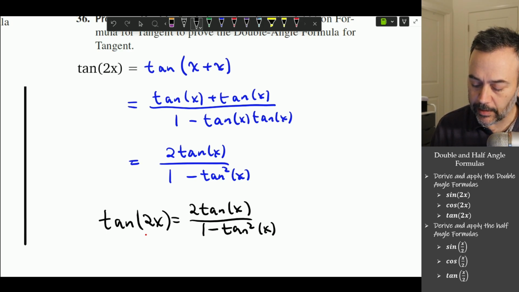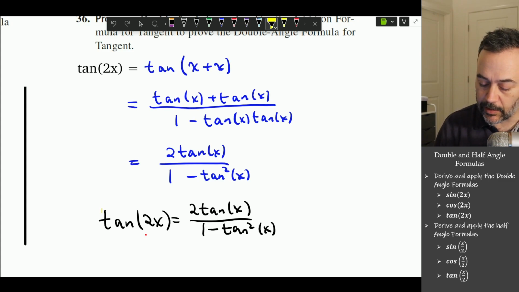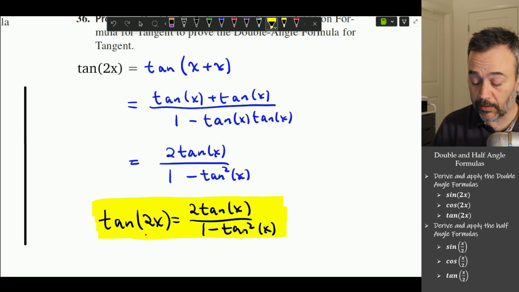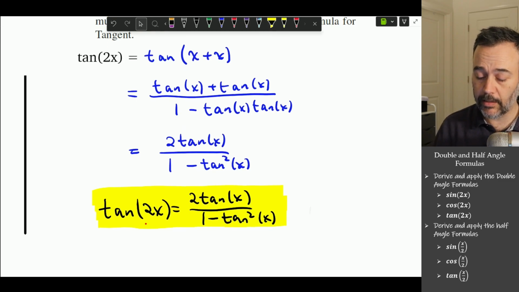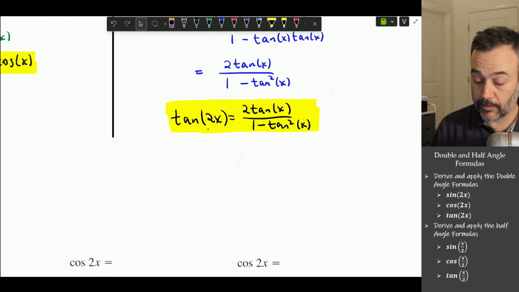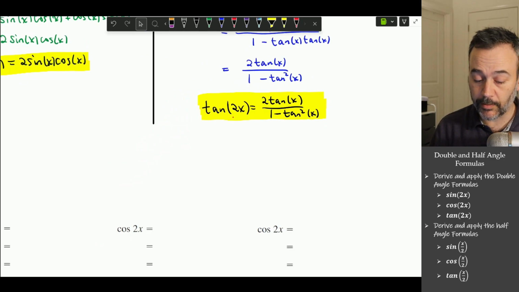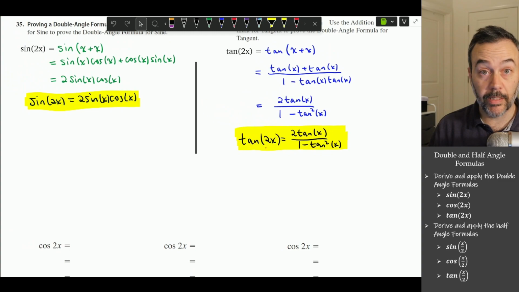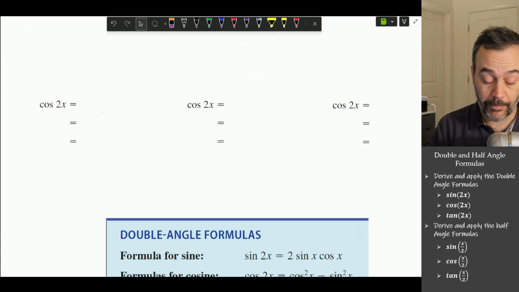This is an identity. So whenever we have tan 2x, we can replace it with what's on the right. And tan 2x might be difficult, but tan x is often easy. Okay, so there are two examples of double angle formulas, one being sine and one being tangent. Let's do cosine, and then we're done.